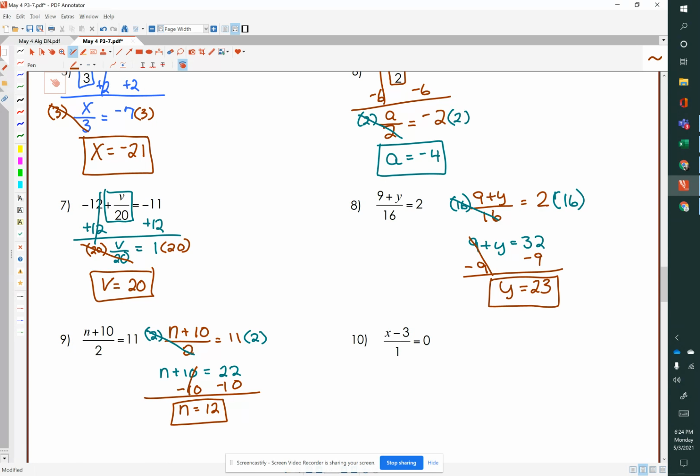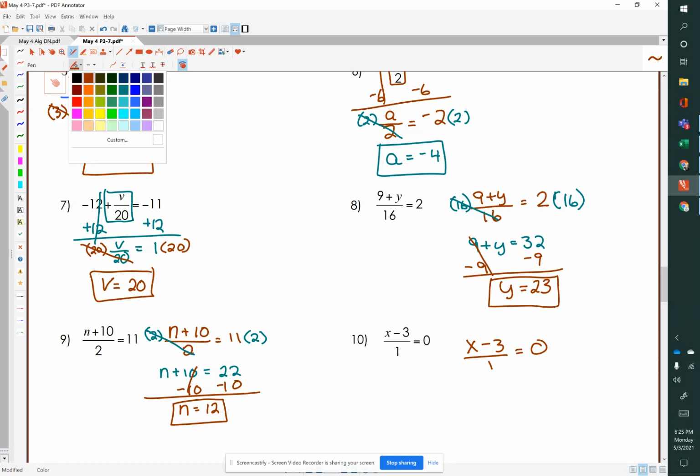And then finally, the last problem, I'm going to rewrite that. We have x minus 3 divided by 1 equals 0. Well, anything divided by 1 is itself, but we will go ahead and go through the motion of multiplying by 1.